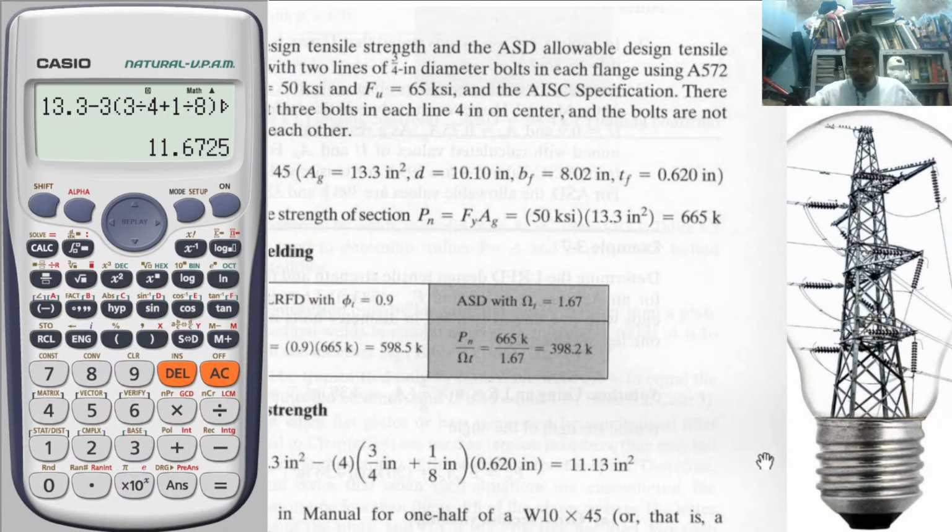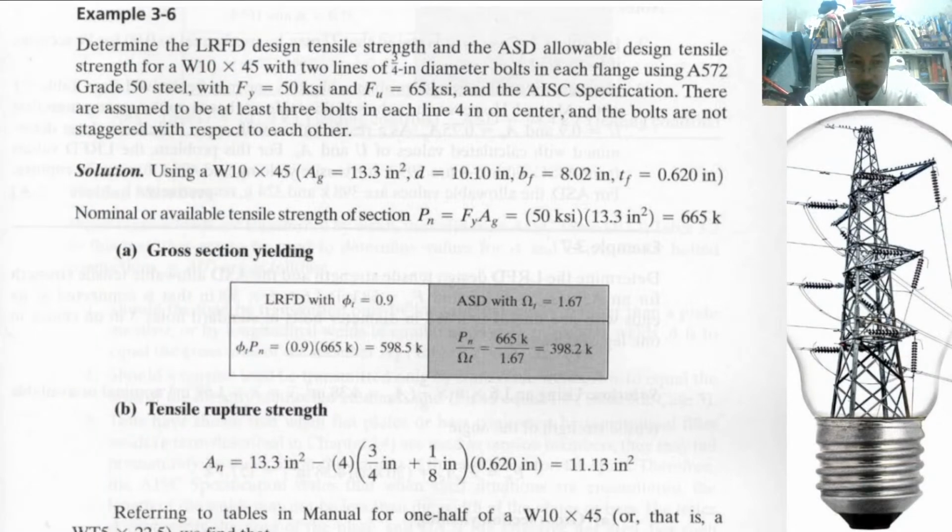That's why I'm telling you, I found so many mistakes in the book just by studying. Referring to tables in the manual for 1/2 of this, that is the WT, the T section, meaning you get 1/2. 1/2 of 10 by 45 is 5 by 22.5.